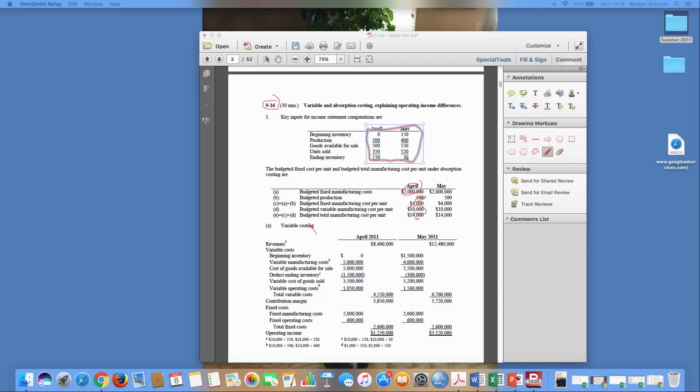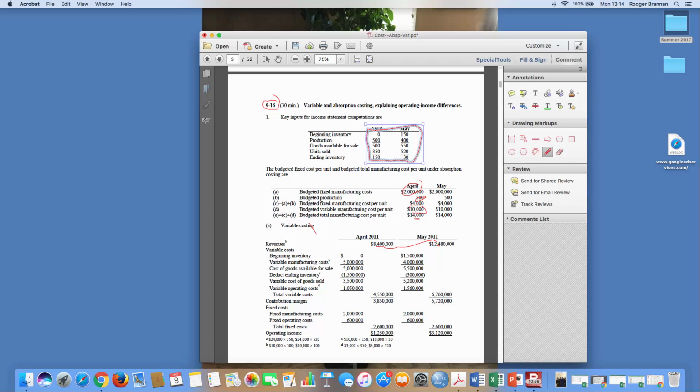Now under variable costing, sales are sales. It doesn't really matter, variable versus absorption. But in calculating my cost of goods sold and my contribution margin, I'm only going to include variable manufacturing cost, or the $10,000 per car.